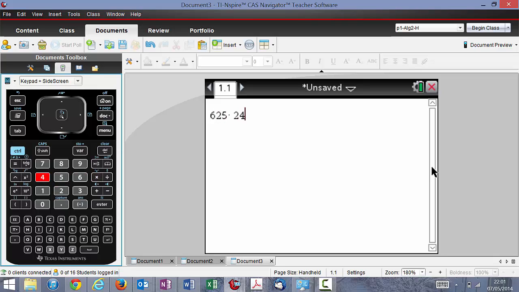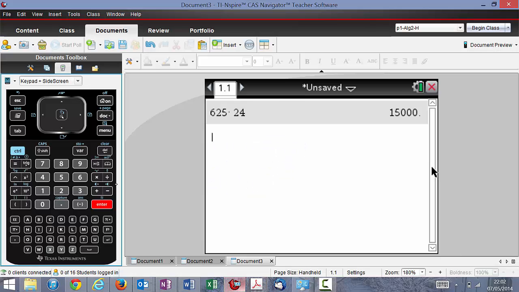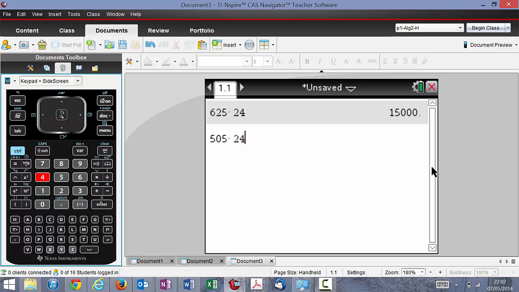625 times 24, 15,000. So returning here, we've got 15,000 minus 625C is equal to, and then we're going to do 505 times 24, which is 12120.